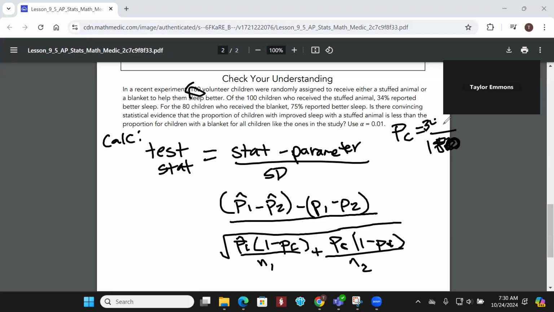How many had better sleep because of the blanket? 60, right? So that's going to be 34 plus 60 divided by 180. That's going to be 0.52. Remember, there was only 80 children. 75% of 80 children is going to give us 60.